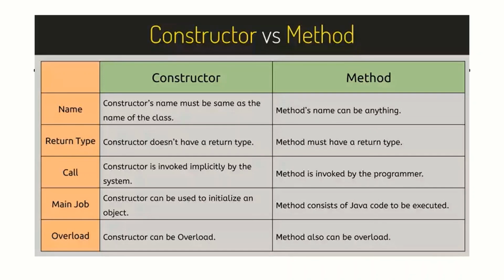The purpose of the constructor is initializing objects. Similarly, a method consists of Java code to be executed. Constructors and methods can both be overloaded. This is one similar point between constructors and methods.